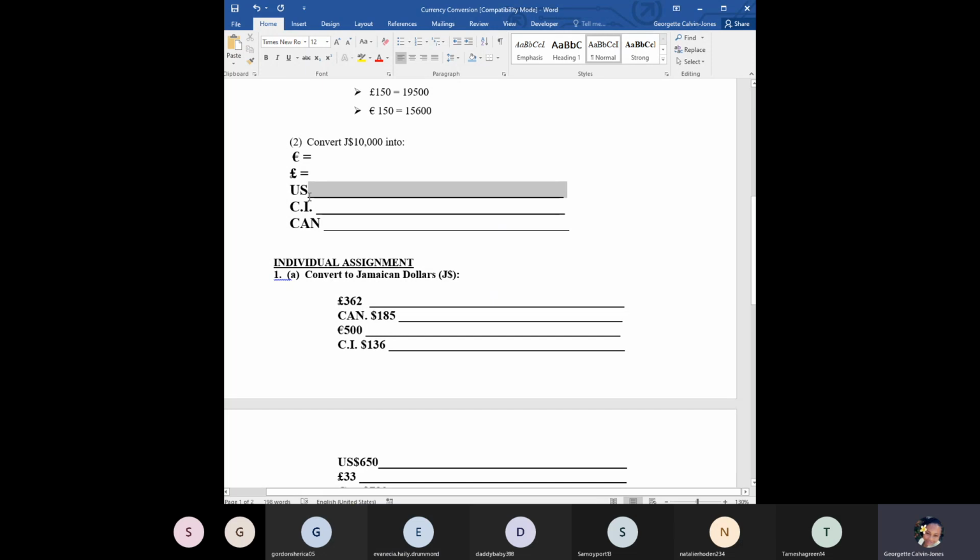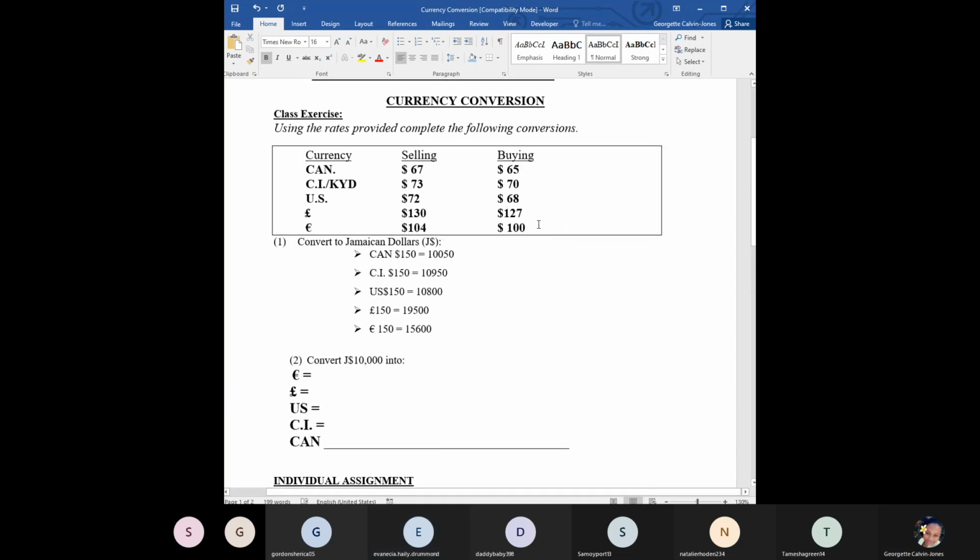No need to tell me how to work these out, because either my answer or your answer is wrong. I divided the 10,000 by the buying rate. What's the buying rate? 65. We have the wrong information on our part of the screen.